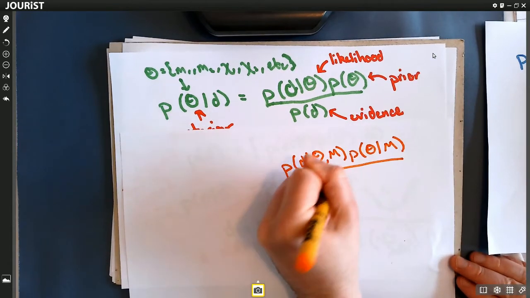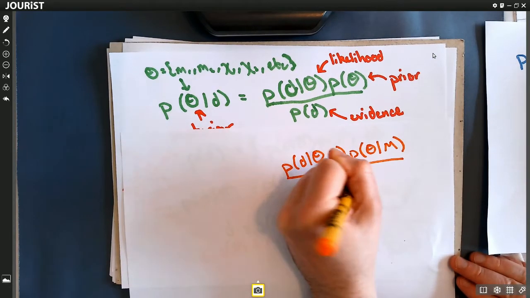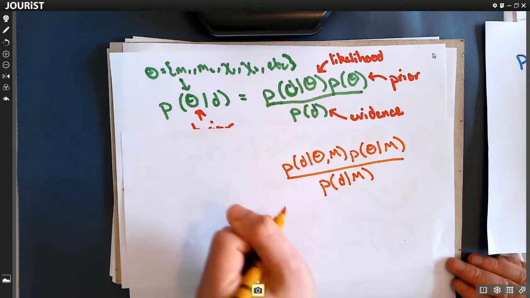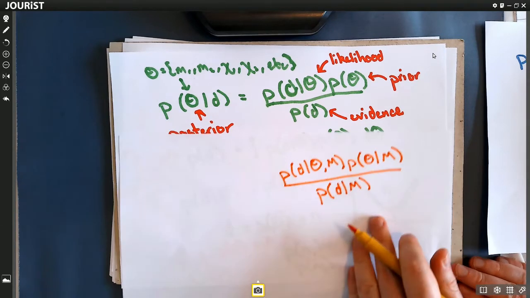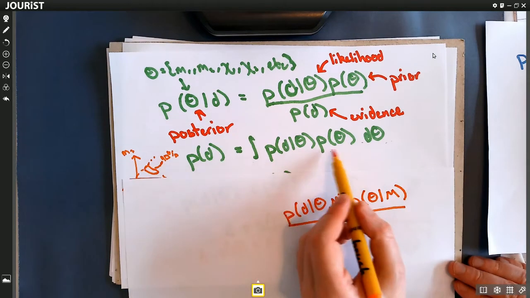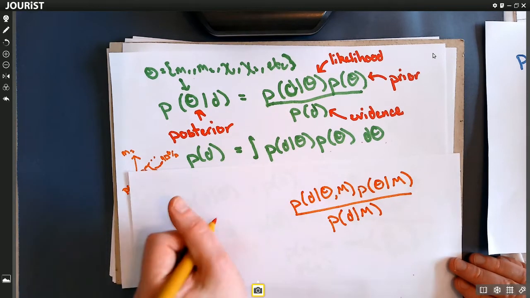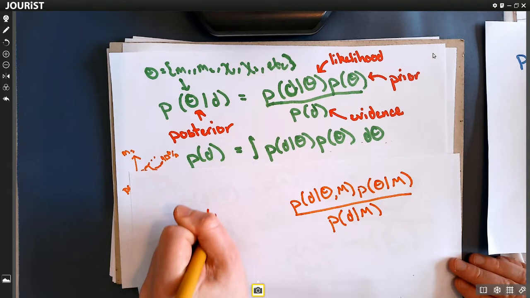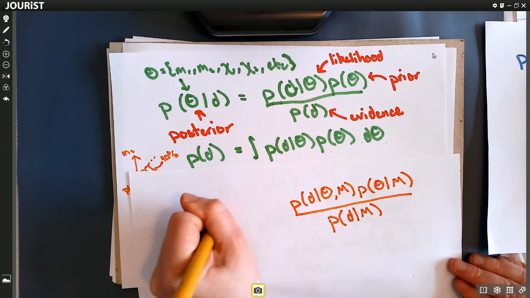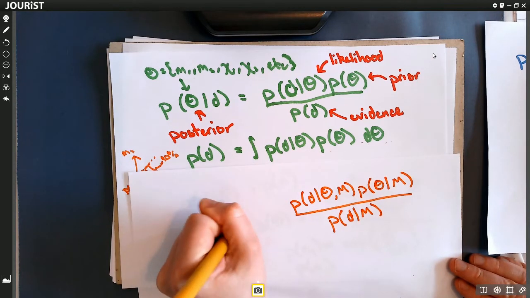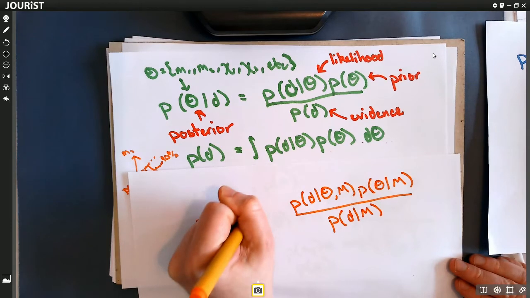We have then the evidence for that particular bit of data given the model, remembering that the evidence is calculated via this integral, so it depends on the prior choice, so that's why the dependence on the model comes in. And at the end, we get a posterior on the parameters given our data and our choice of model.